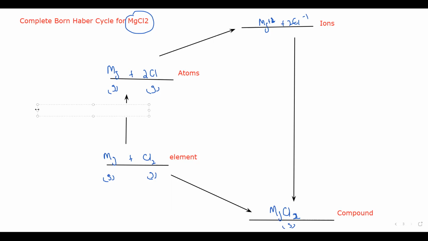This is the atomization of magnesium plus, because we are producing two atoms of chlorine, twice the atomization of chlorine. Why twice? Because we are producing two atoms of chlorine, that's why it will be two times the atomization of chlorine.